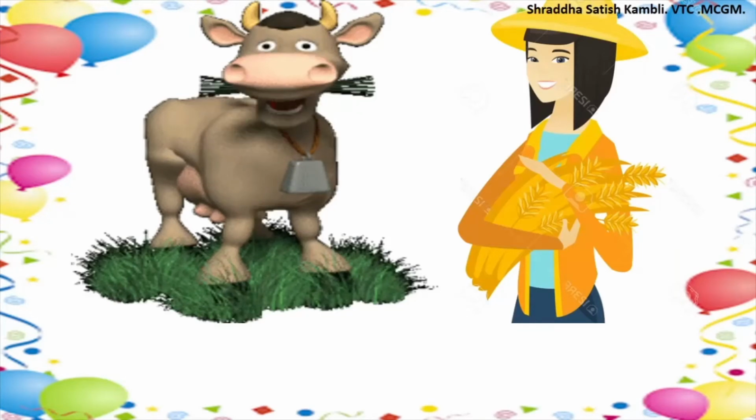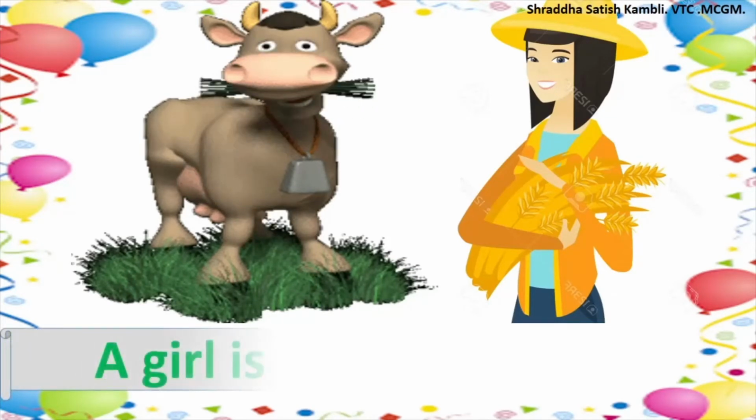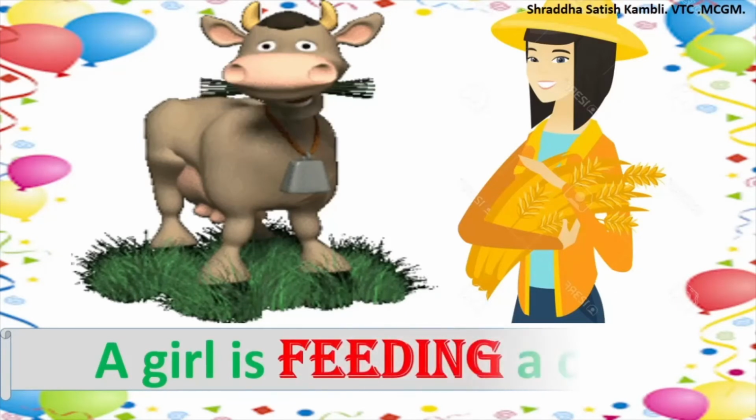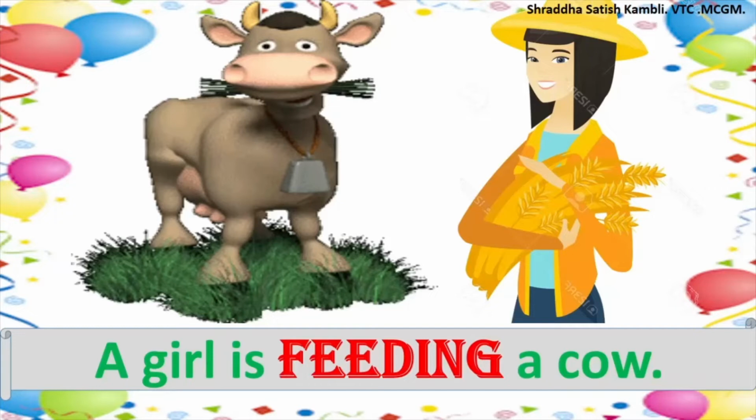Now there is a girl and there is a cow. So let me speak the sentence for you. A girl is feeding a cow. What is a girl doing? She is feeding a cow.